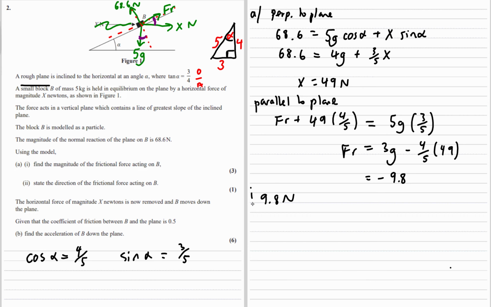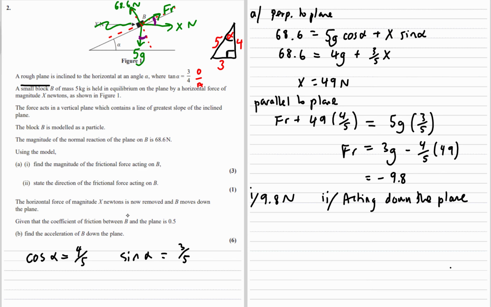So the magnitude is 9.8 newtons and it's acting down the plane. So that's part A done.